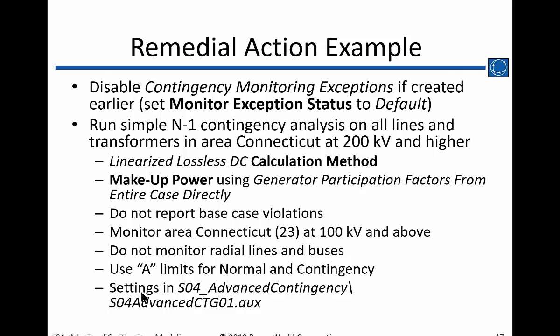And if you wanted to load that from scratch, if you hadn't already done everything up to this point, you could load this auxiliary file S04 advanced ctg01.aux, and it would basically bring all of these settings and contingencies in as they're described here.